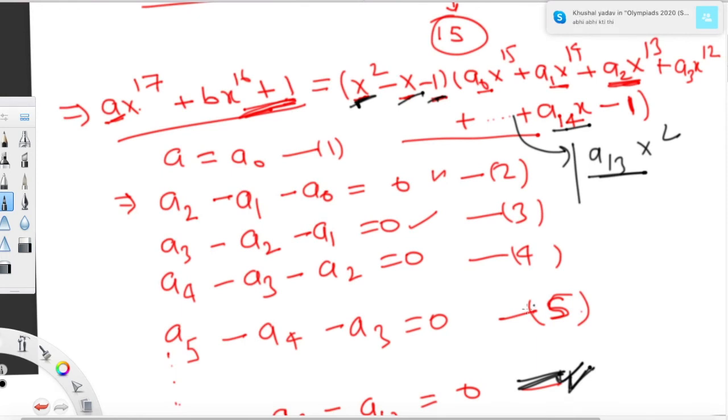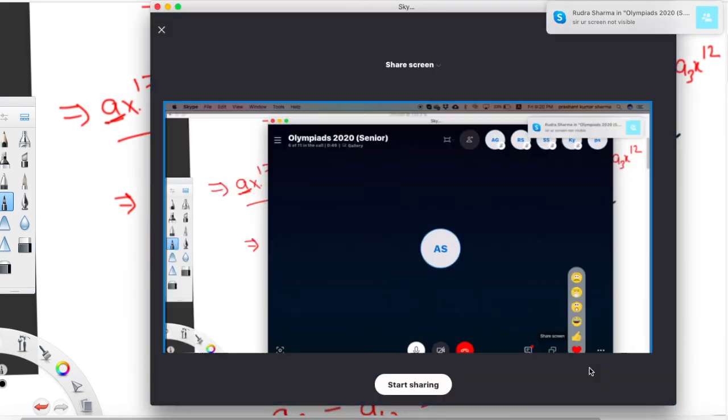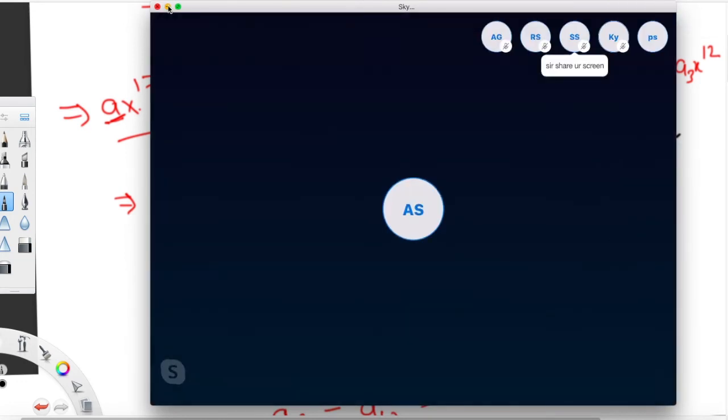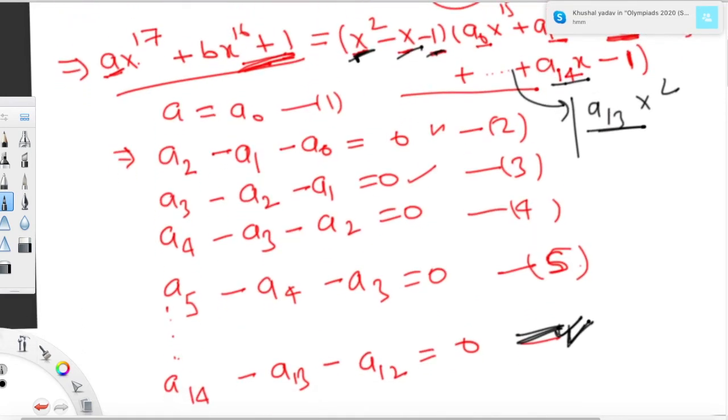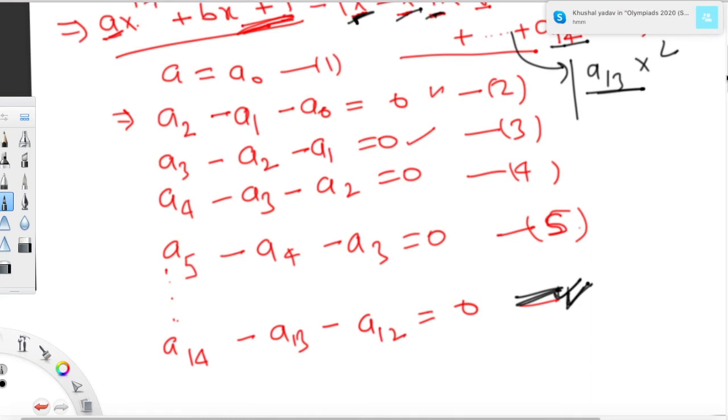Now I am comparing the coefficient of x square, then I will get minus 1 minus a14 minus a13 is equal to 0.